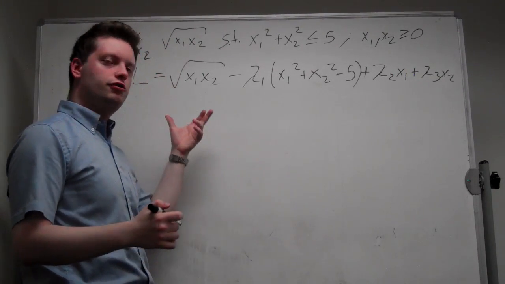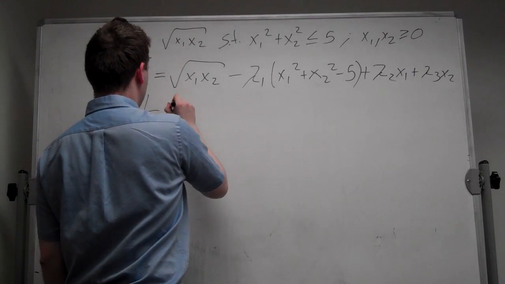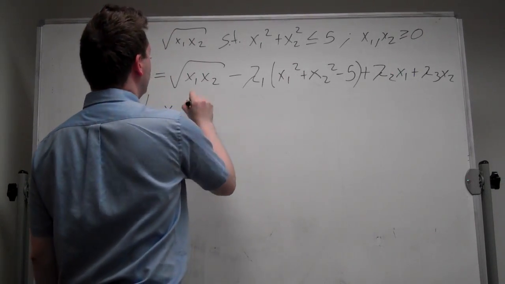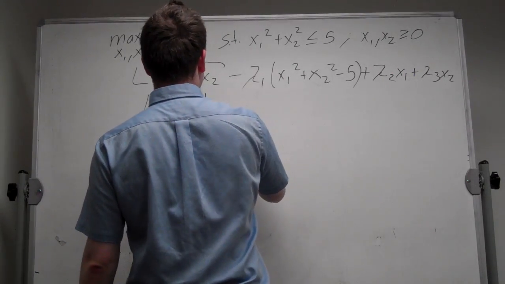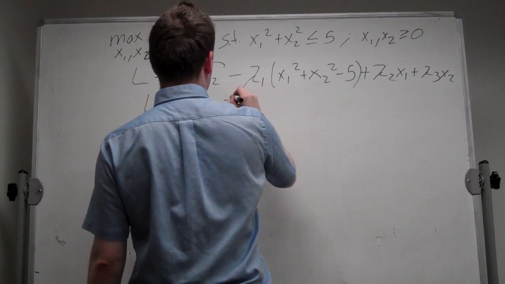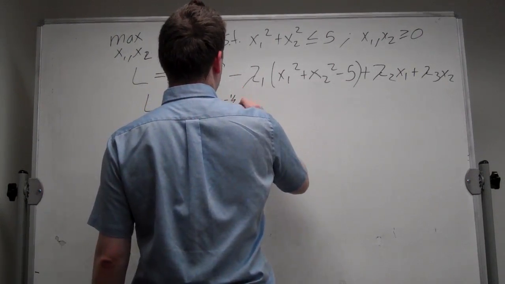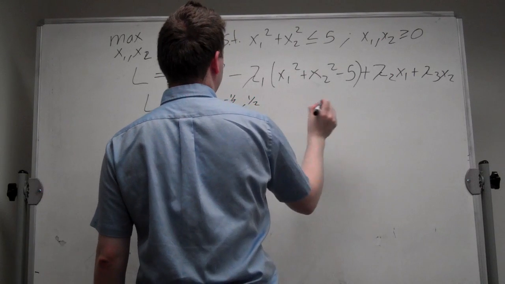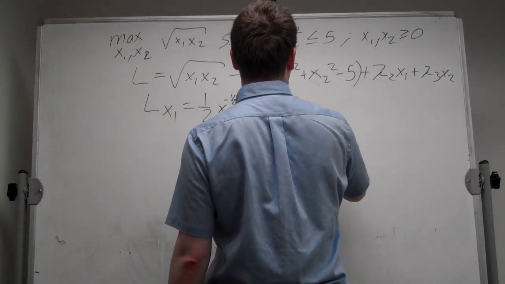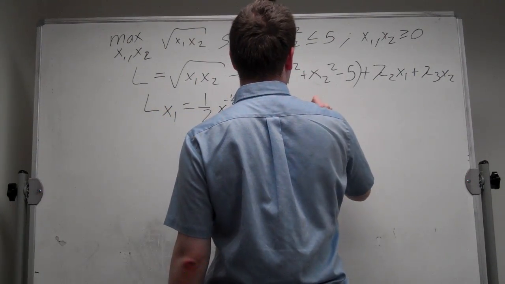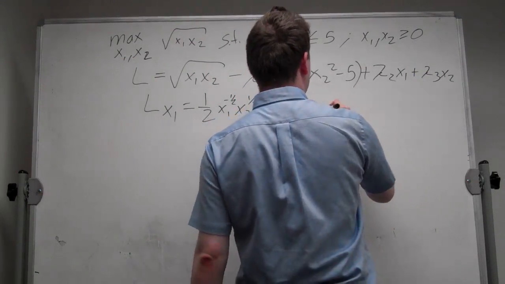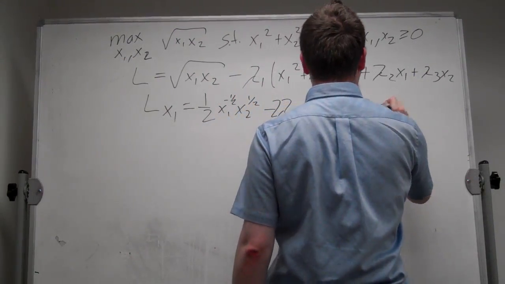Now we need to find the first order conditions. So let's start with Lx1, which is simply 1 over 2 x1 to the minus 1/2 x2 to the 1/2 minus lambda 1 times 2 x1 plus lambda 2 equals 0.